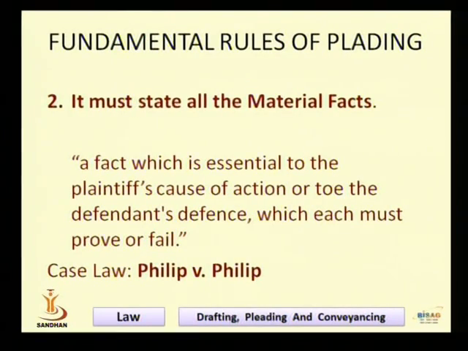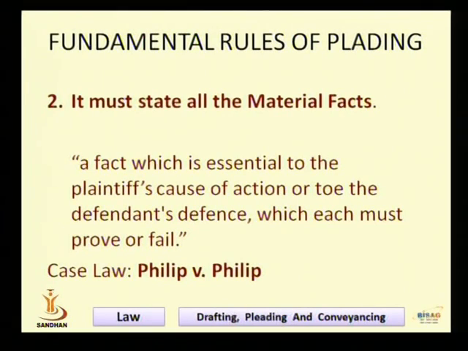It is well defined by the author that a material fact is one which is essential to the plaintiff's cause of action or to the defendant's defense, which each must prove or fail.